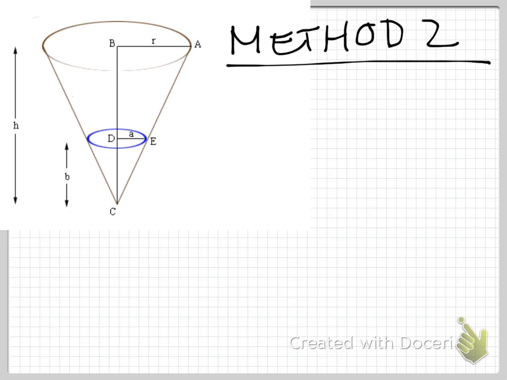So, what we do here is we say, all right, so here's a cone. Here's the water level in the cone, right? And it's saying that right now, what is the rate of changing the volume when the radius is 1 foot and the height is 2 feet?